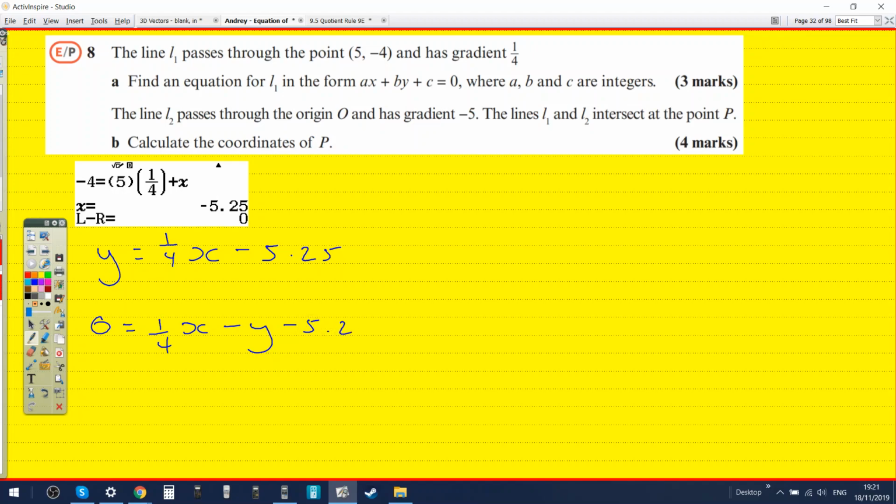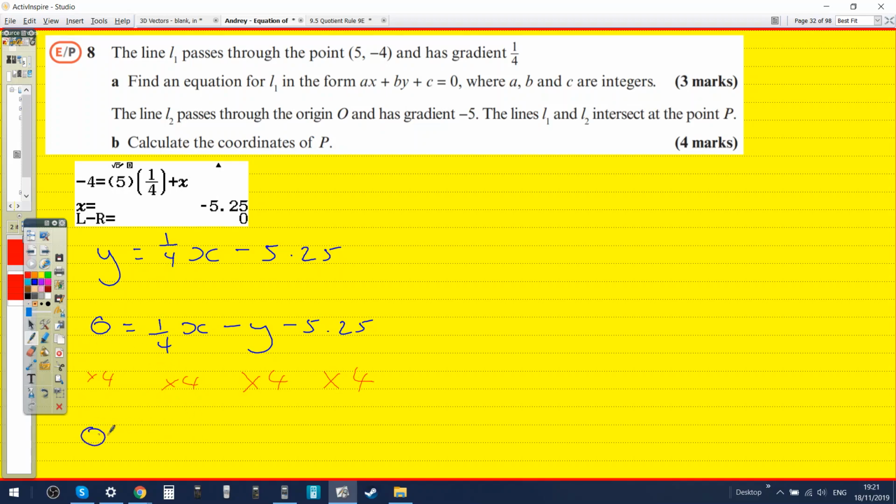I think I just need to times that by 4, don't I? And so that will be 0 equals x minus 4y minus 21.